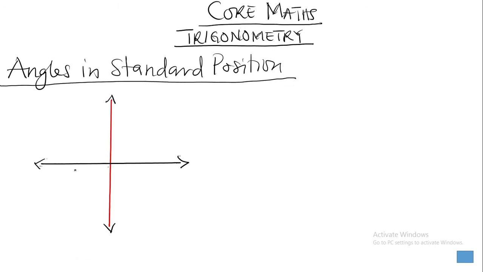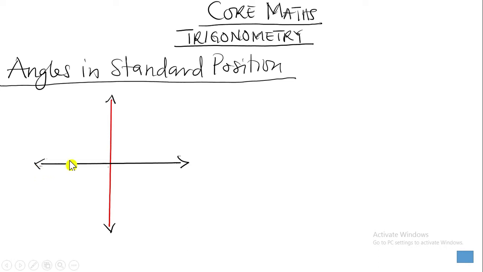So this is the Cartesian plane. It's basically the intersection of two real number lines on a plane.